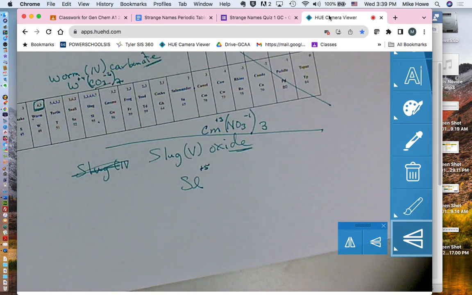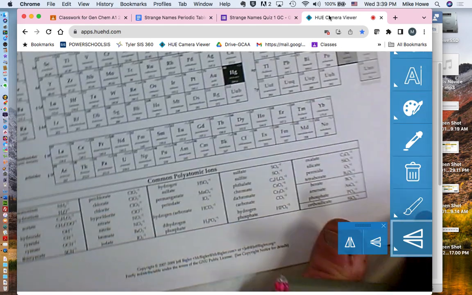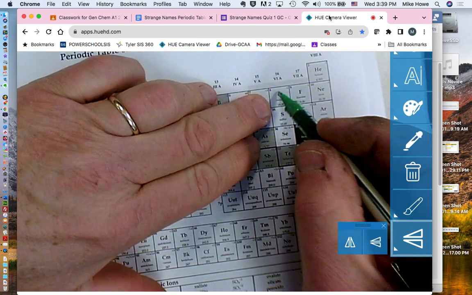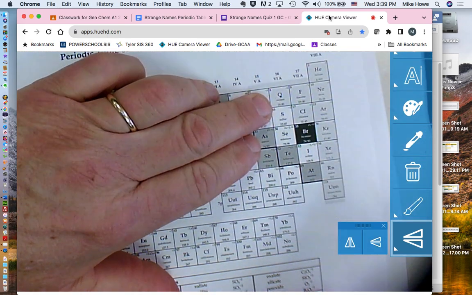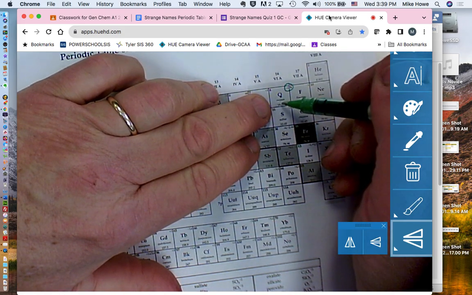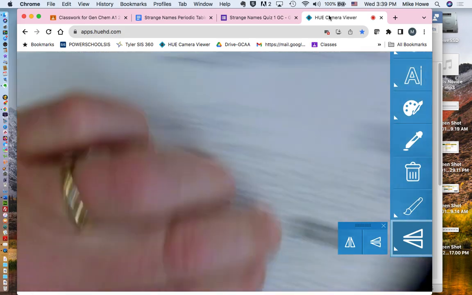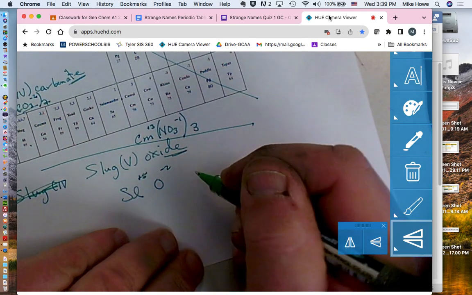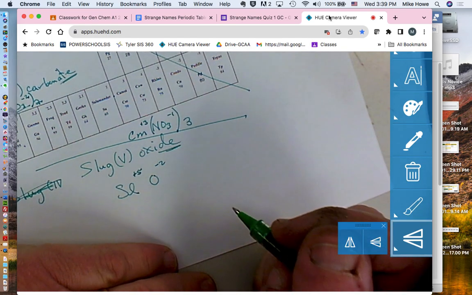So looking at our regular periodic table, this is oxygen, so that would be oxide, and it's got a -2 charge, because it has 6 valence electrons, so it's going to gain 2. So oxygen is negative 2.